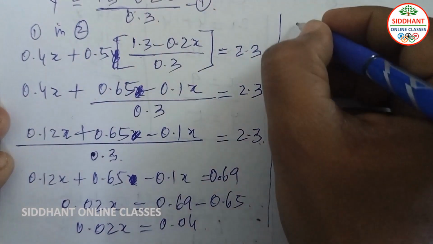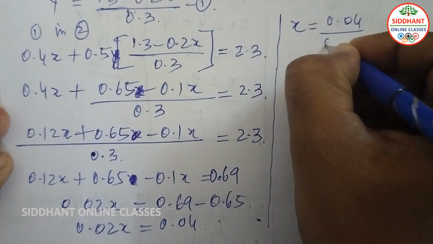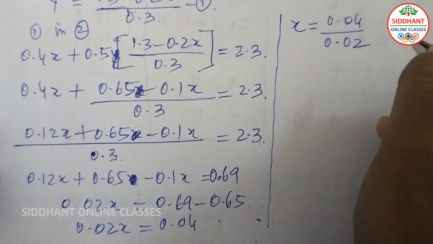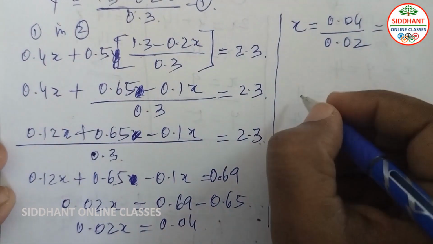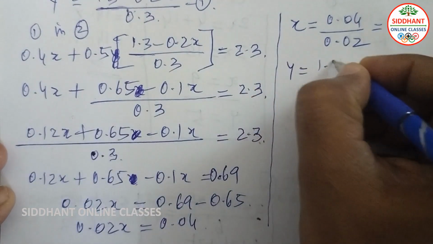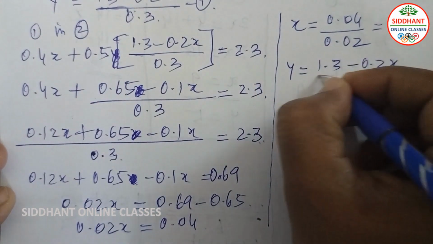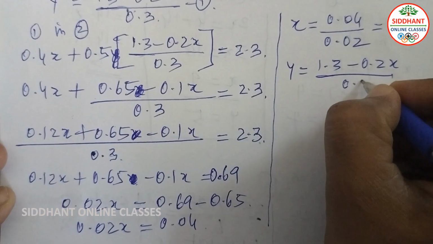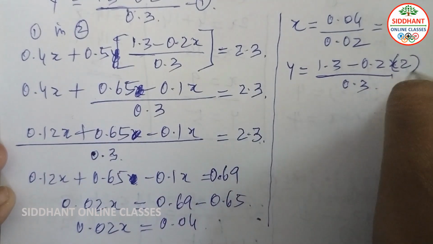So x equal to 0.04 by 0.02 here, which will be 2. So x is equal to 2. So we know y equal to 1.3 minus 0.2x by 0.3 here. So in the x place we are going to input 2 here.